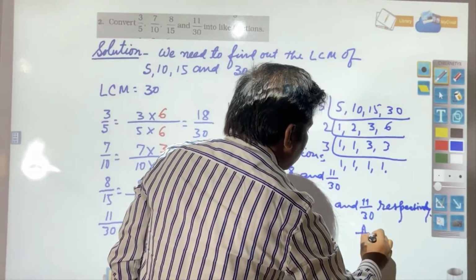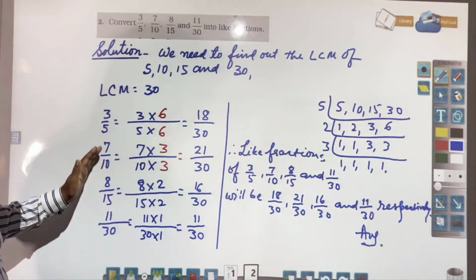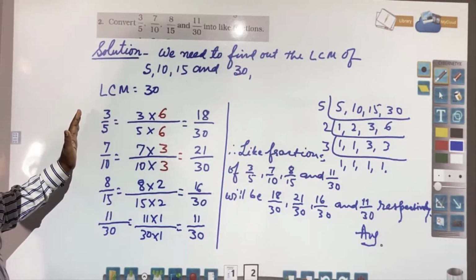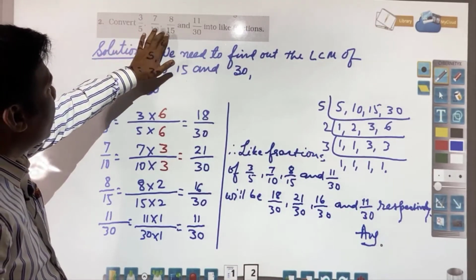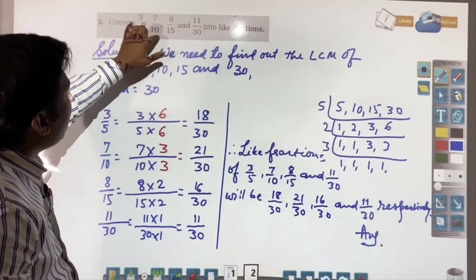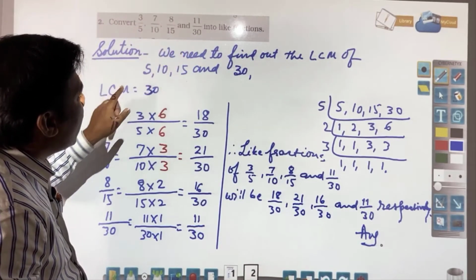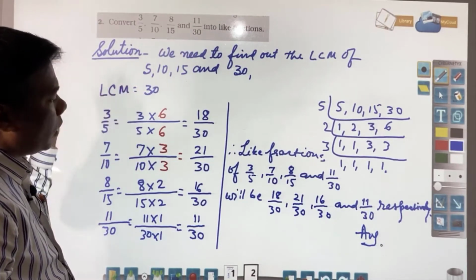And this is your answer. So in this way, this is required to be done. Simply what you need to do is find the LCM of all the denominators, and these fractions are required to be converted to denominator 30, or whatever LCM you get.